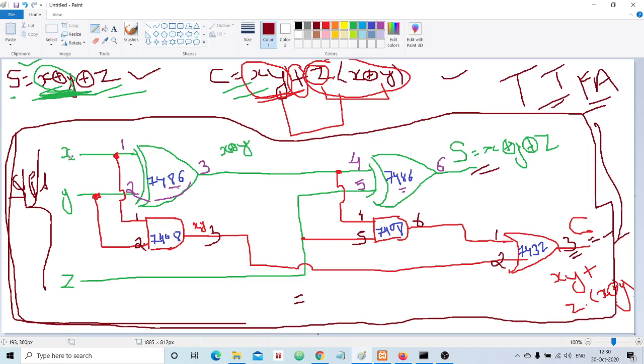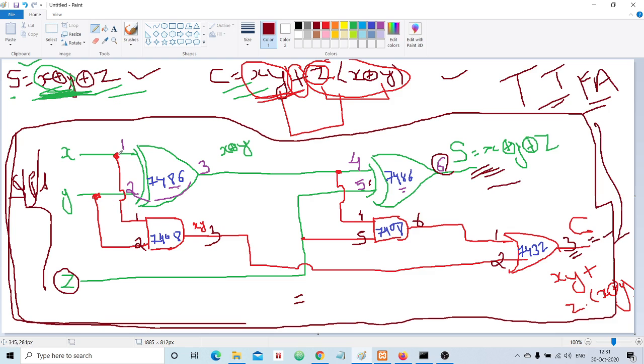Take one input line and connect it to pin number 1 of 7486. Then take another second input and connect it to pin number 2 of 7486. Then take the connection from pin number 3 of 7486 and connect it to pin number 4, right? And take one more input and connect it to pin number 5 of 7486, and connect pin number 6 of 7486 to one of the outputs.